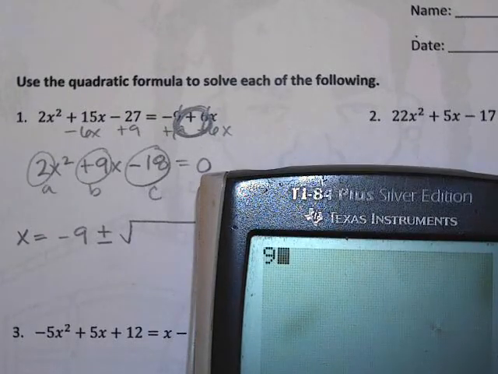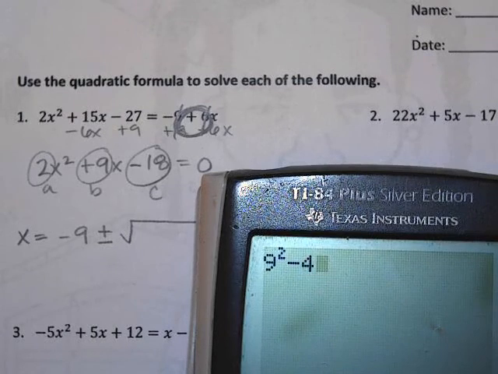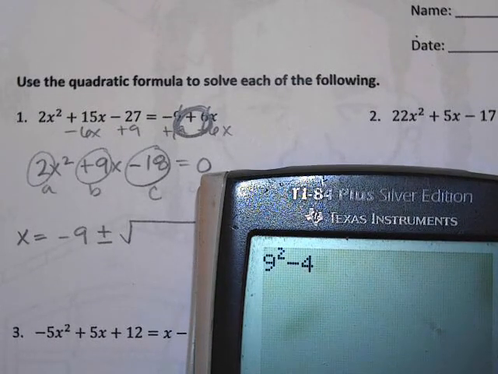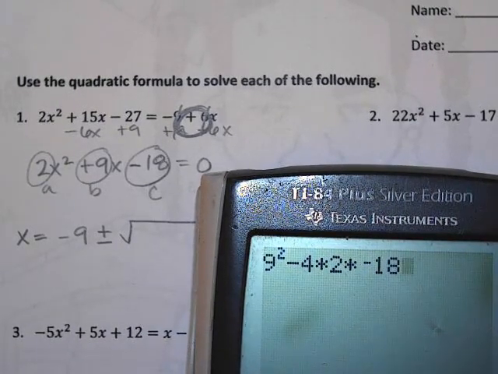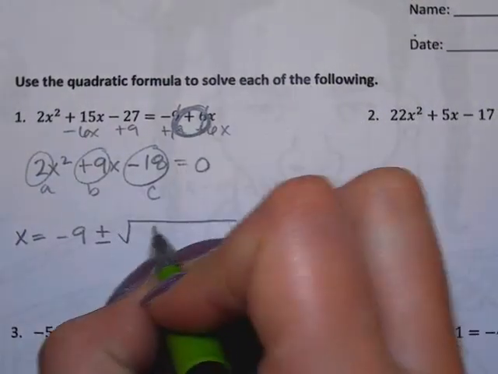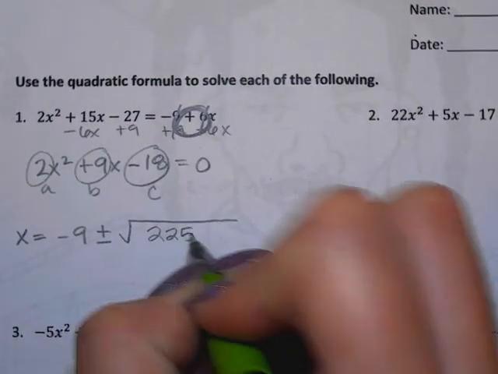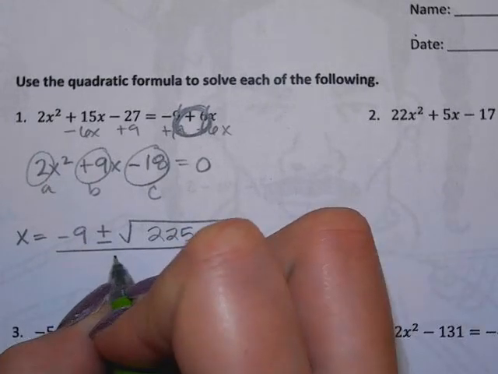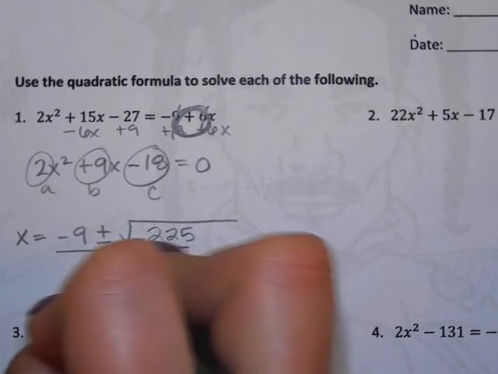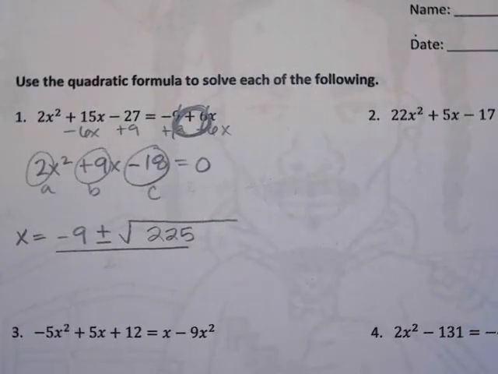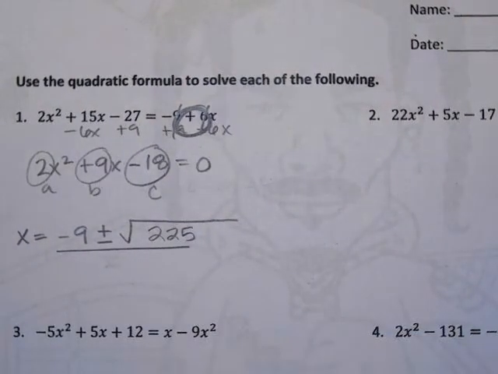So 9 squared minus 4 times A times C. And so my discriminant is 225. Is that a perfect square? Yes. All right, divided by 2A, which is 2 times 2, which is 4.